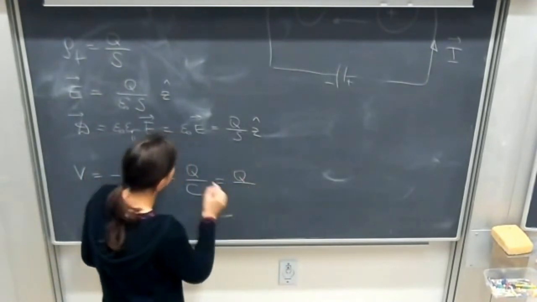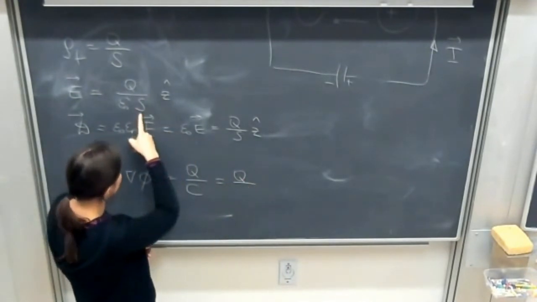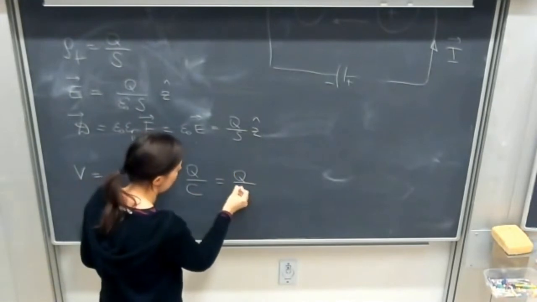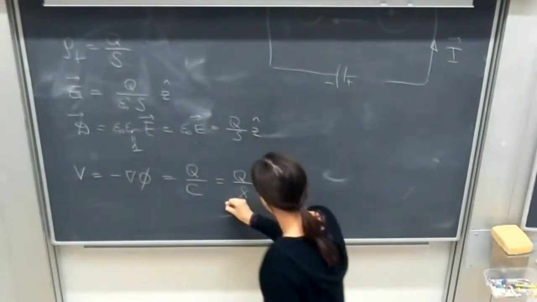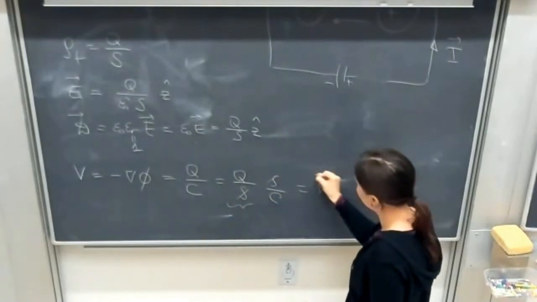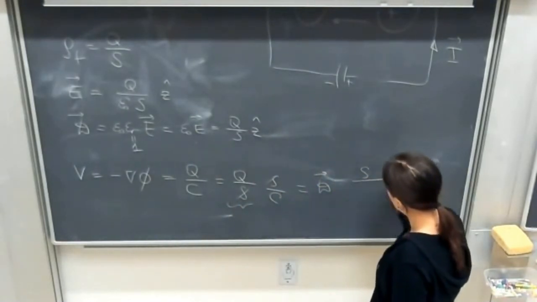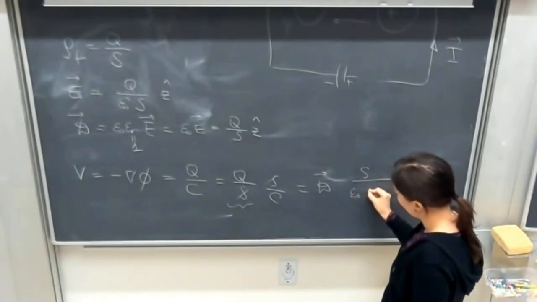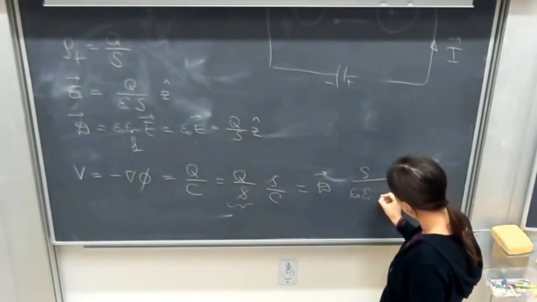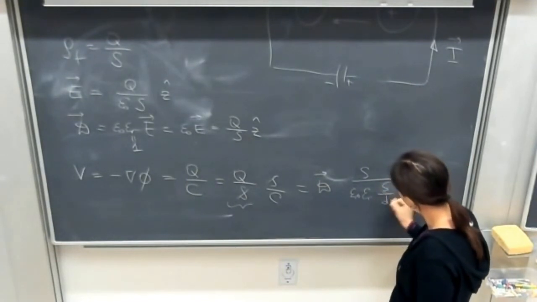We add here the term S, and here we get the displacement field. Here is our S, and the capacitance is epsilon r epsilon naught S divided by d.